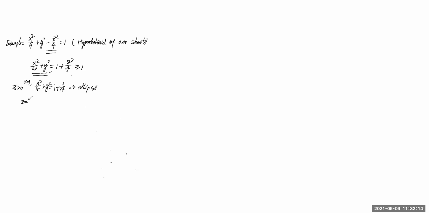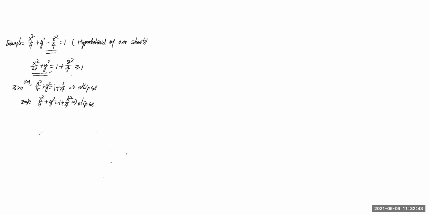For example, z is any k, we have x squared over 4 plus y squared is 1 plus 4k squared, right? This is also an ellipse. The difference is that as z goes up, the ellipse gets bigger and bigger.